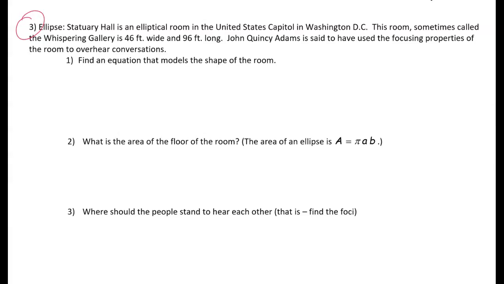The people in the room didn't know, but he would stand on the foci and people were having conversations and he would listen in even though he wasn't supposed to. And the room wasn't created by chance. It wasn't just like, let's make an oval room and oh my God, I can hear everyone talking. No. Some mathematician discovered this elliptical property and then built this room.